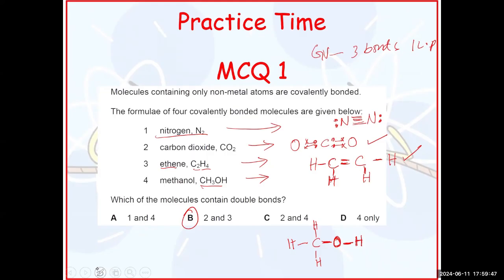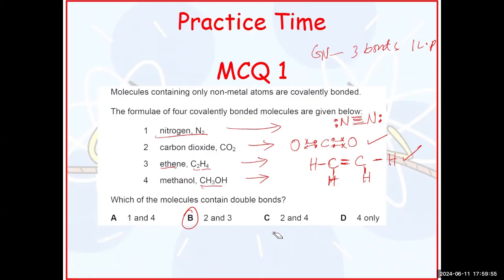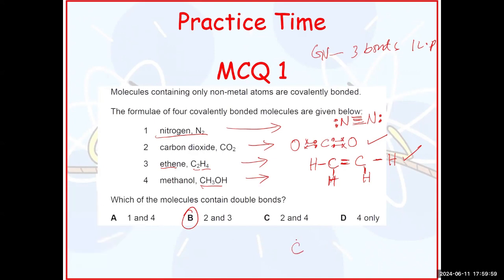It has given the sequence also for your ease. It is saying that first you have 3 hydrogens with 1 carbon, right? What you know is that carbon makes 4 bonds, so it will make 3 bonds with 3 hydrogens, right? Now one bond is left. The bond that is left has to be made with oxygen.